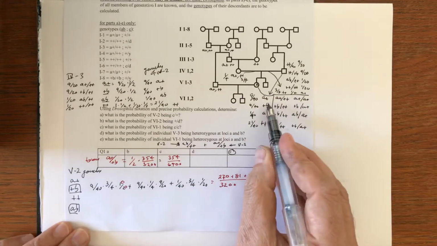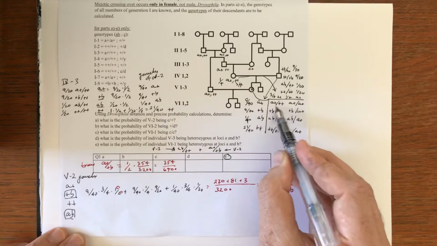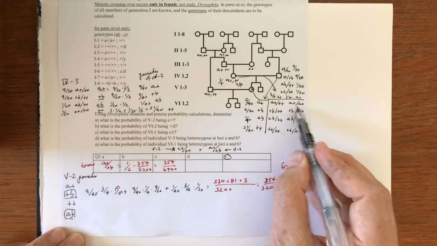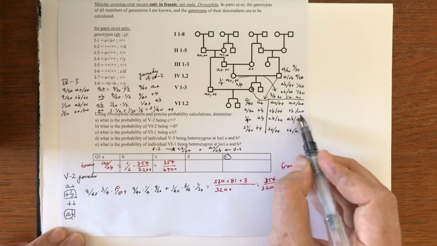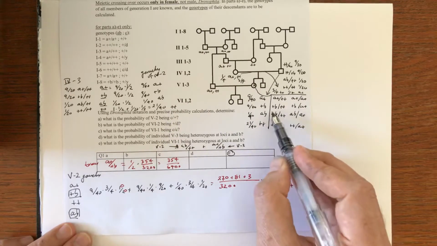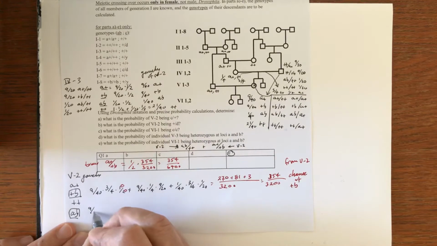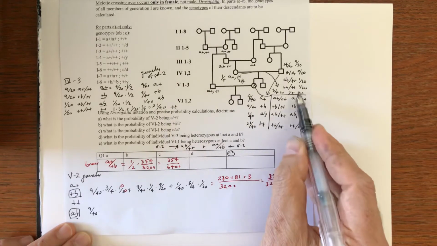Let me start here. This genotype cannot make AB, this genotype cannot make AB, this genotype cannot make AB, this genotype can make AB. It can make AB by recombination, so we have a contribution of 9/40 times 1/4.